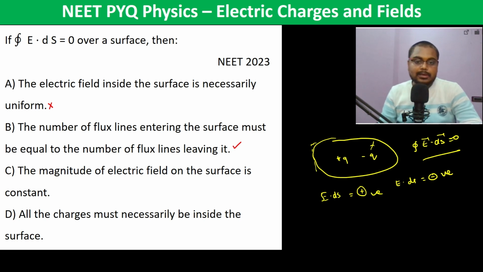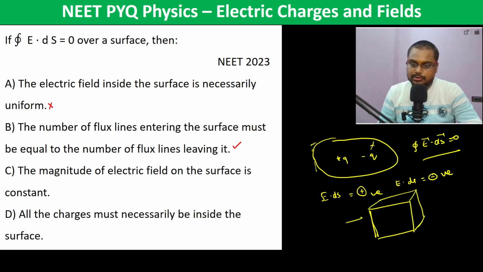We can see an example. We are taking a cube, something like this. Here we don't have any charge enclosed, so the q enclosed is equal to 0.